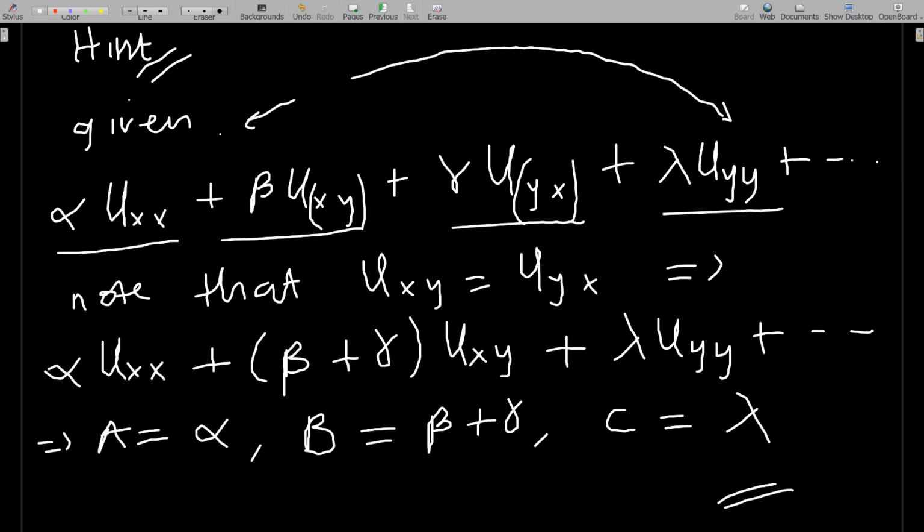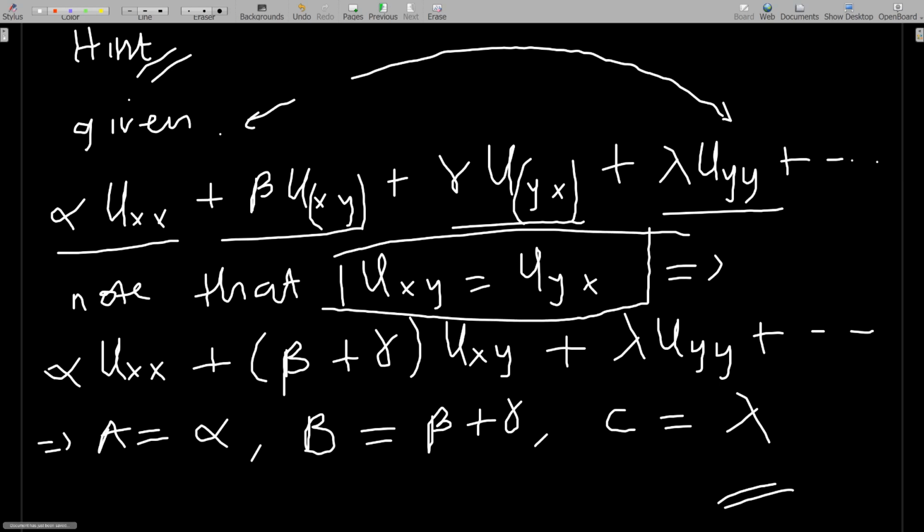Now remember that, or note that u_xy is the same as u_yx. Okay, and this will imply that if they are the same, then I can sum this and this. This will imply alpha u_xx plus, then you have to sum the coefficients of this, beta plus gamma.